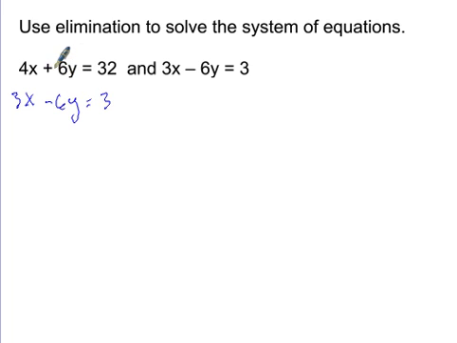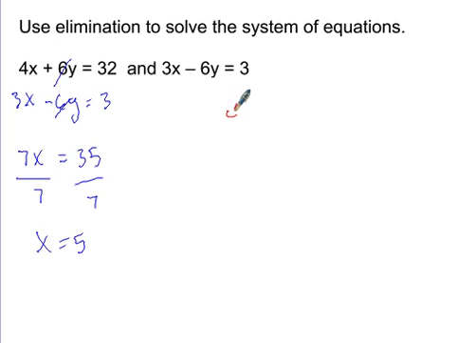All right, so we can do addition here. 4x plus 3x is 7x. These 2 cancel out. 32 plus 3 is 35. Divide by 7 and x is 5. Now that I know what x is, I can go back to my original equations and substitute.